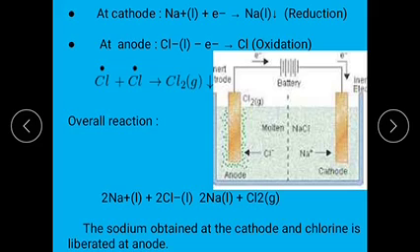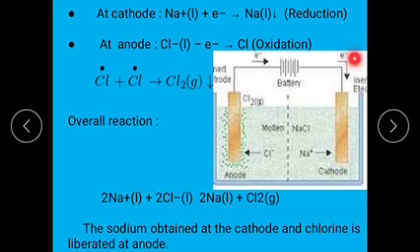Again it combines with another chlorine atom and gives chlorine gas. The overall reaction in this case is 2Na plus plus 2Cl minus gives rise to 2Na plus Cl2 gas. Sodium is obtained at the cathode, and chlorine gas is liberated at the anode.